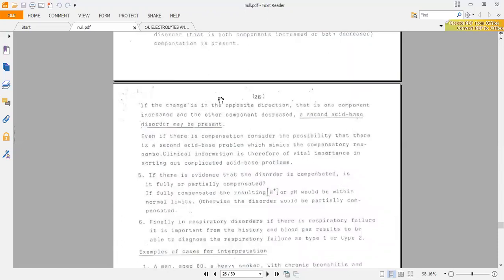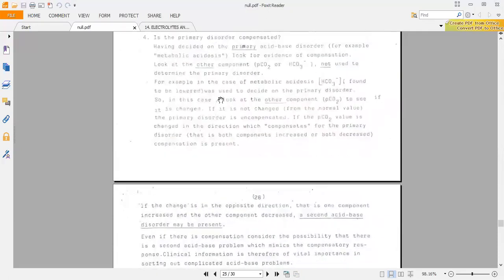Full compensation means that the H plus has come to its normal range. There are times that the H plus could still be in the abnormal range. That one is partial compensation.